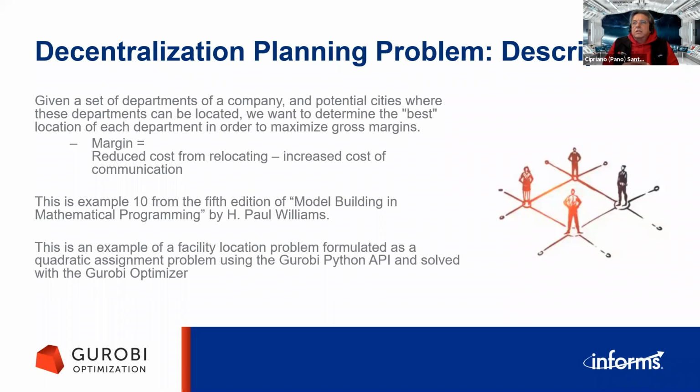And gross margin is defined as the reduced cost from relocation, and we are going to call this benefit, minus the increased cost of communication. And this is an example of a facility location problem that is formulated as a quadratic assignment problem. And we are going to use the Gurobi Python API, and we are going to solve it using the Gurobi optimizer. And this problem is example 10 from the H.P. Williams book.